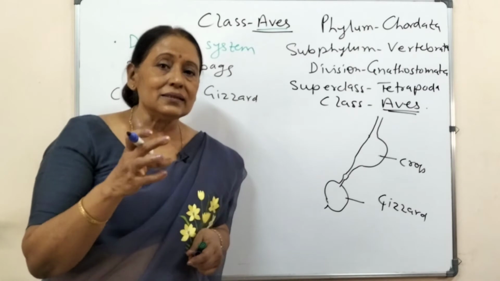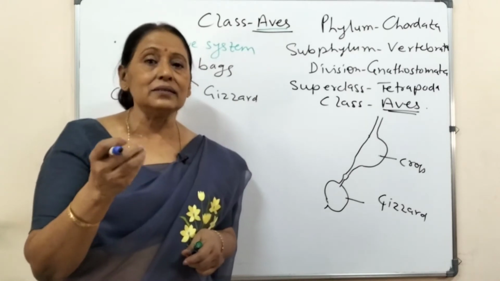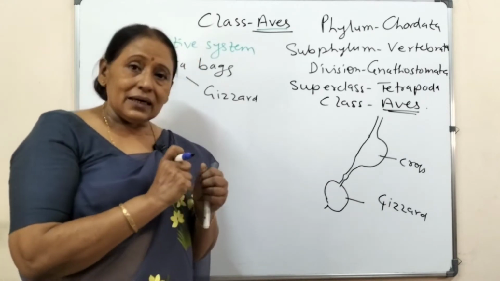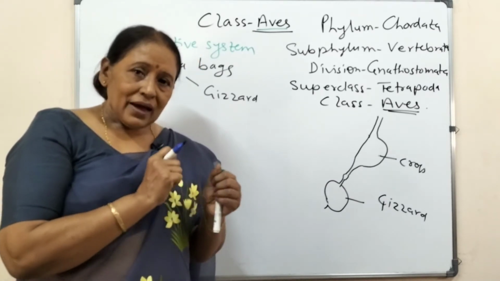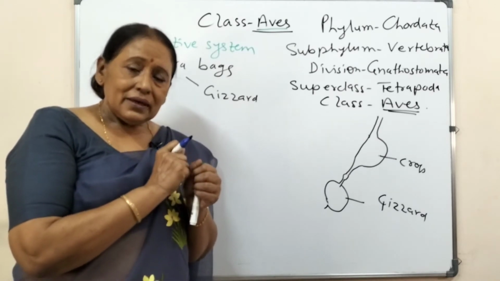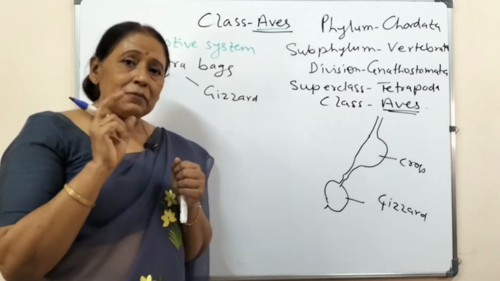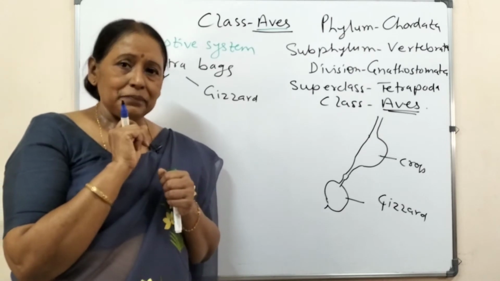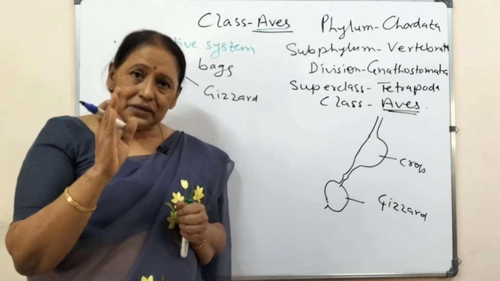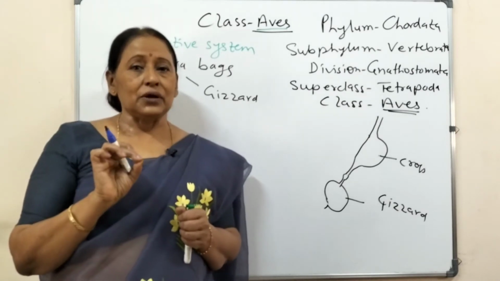Along with the grains, birds also take pebbles. The gizzard is muscular, and inside the gizzard there are 6 chitinous plates. On these chitinous plates, teeth-like structures are also present.